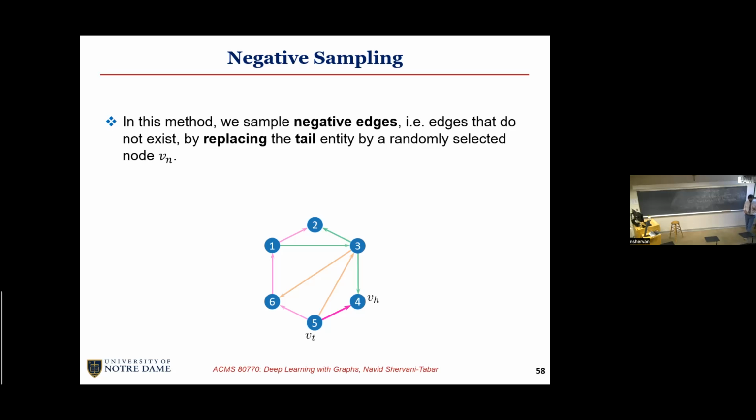Generating negative samples means that I'm keeping this head and changing the place of the tail. So I put it here instead of there, and this is a negative sample, meaning that it starts from the same node as this positive sample, but its end is just some random wrong place. So this is called the true edge. This is called the corrupted edge.